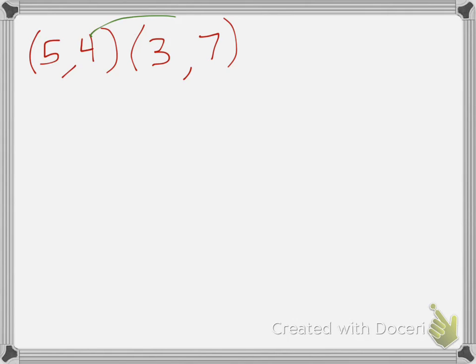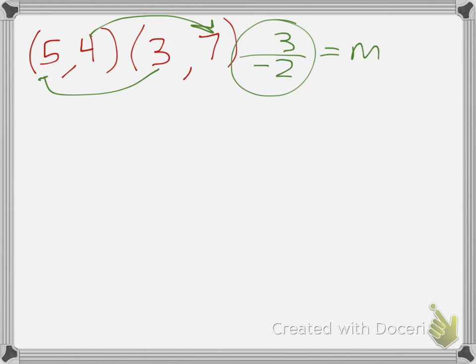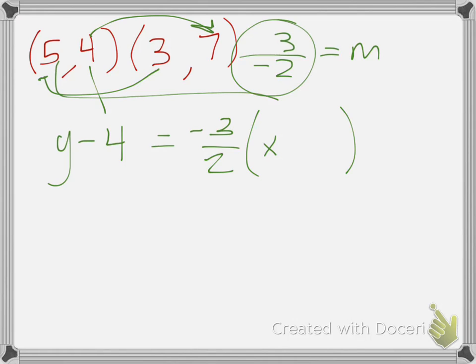But we need to find the slope. So I like to say that's up 3. I'd like to say that's down 2. So my slope is -3/2. And then we would pick one. I'm going to use the 4 and the -5. So we could be done with that.